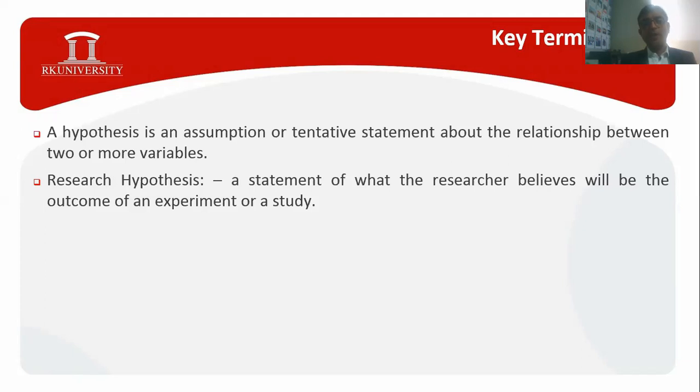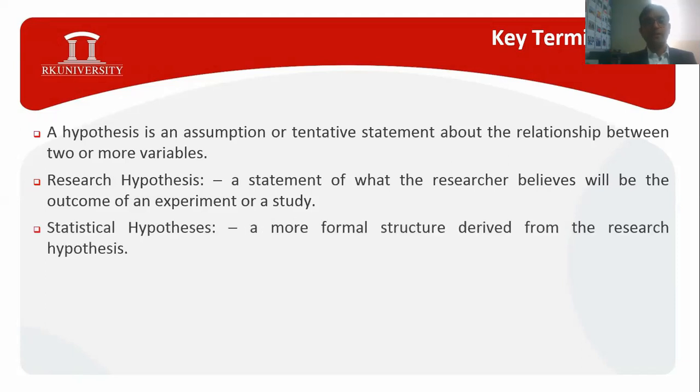That will be in a raw form, or maybe in a language which cannot be tested statistically. So once the researcher has a clear picture in mind of what particular study he wants to carry ahead and what hypothesis he has in mind, then he further needs to reframe it as a statistical hypothesis.